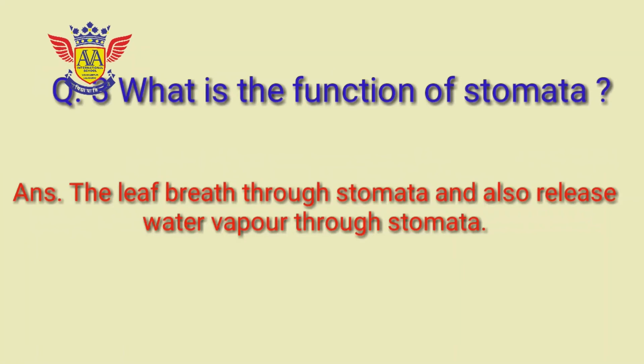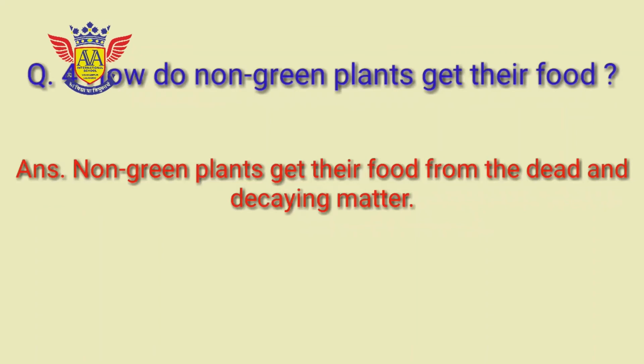The answer is: the leaf breathes through stomata and also releases water vapor through stomata. Question number 4 is: how do non-green plants get their food? The answer is: non-green plants get their food from dead and decaying matter.